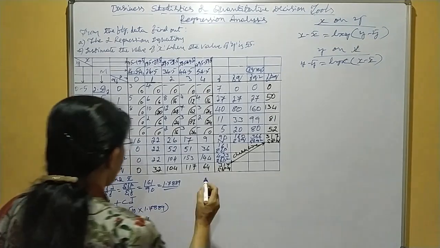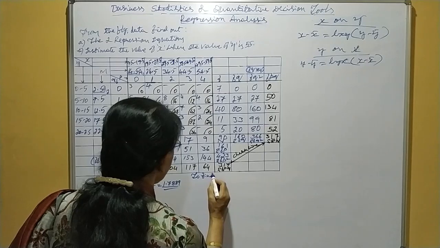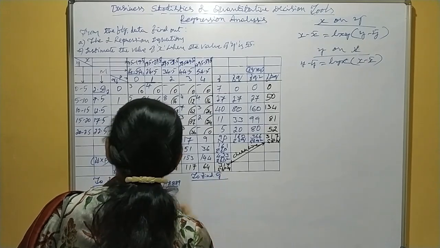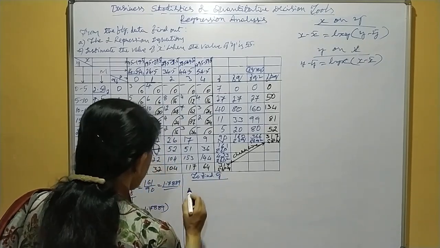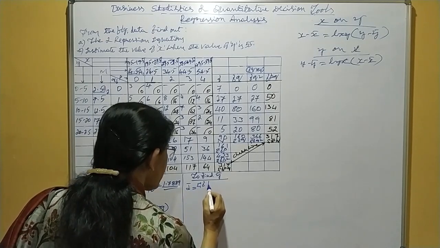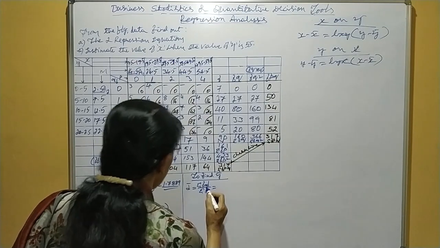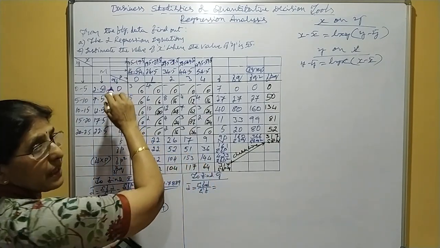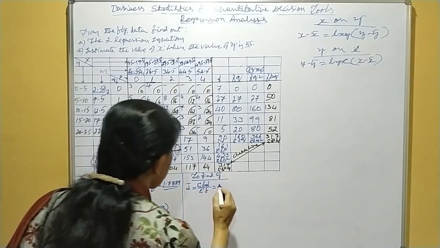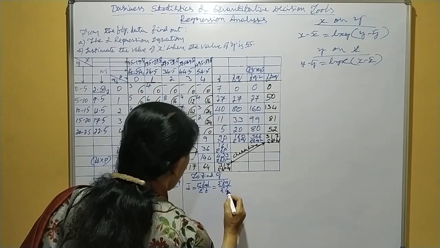Next, we have to find out y bar. Here take the heading to find y bar. Now here again we have to take d bar. In this case, d bar equals sigma f d divided by sigma f. In the place of d, what we have taken? q. That means it is nothing but sigma fq divided by sigma f.